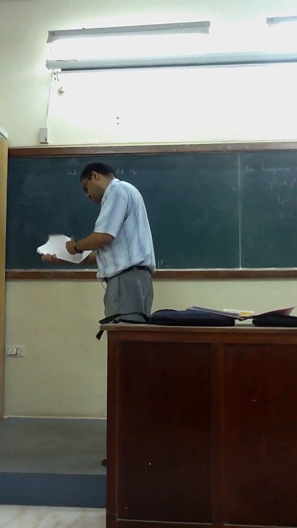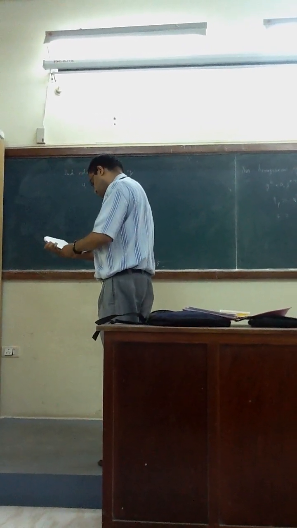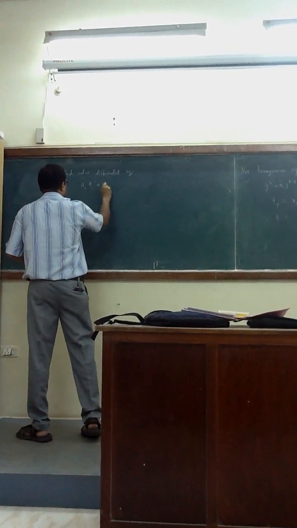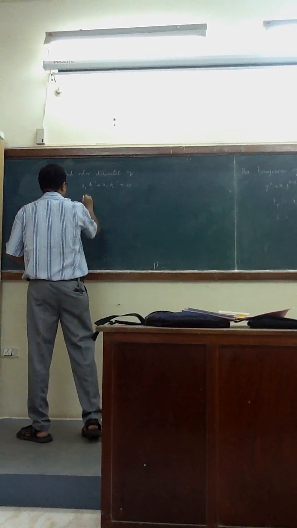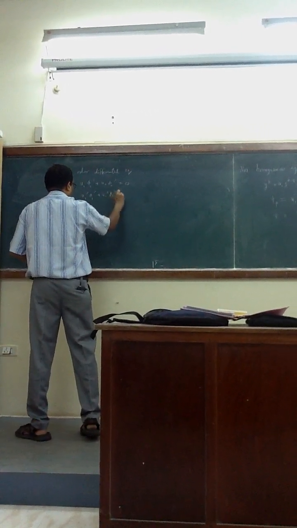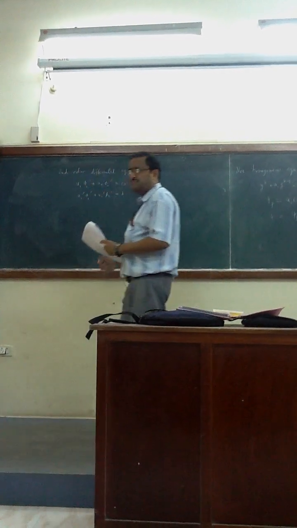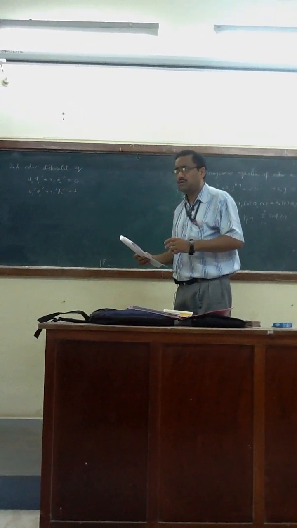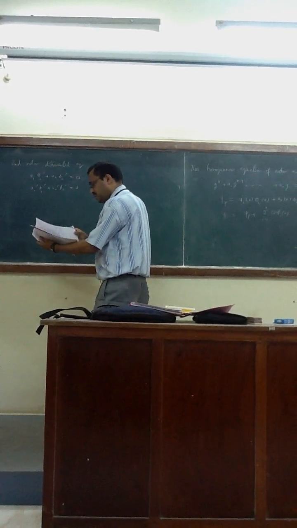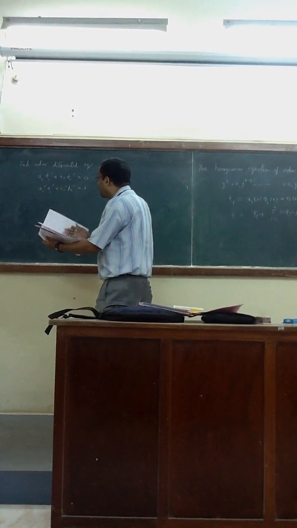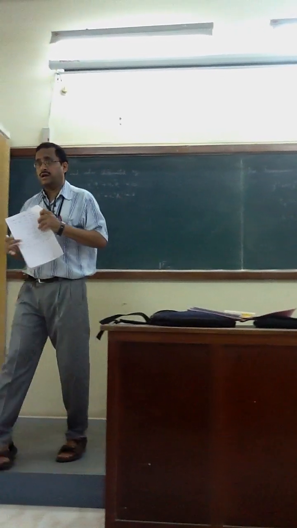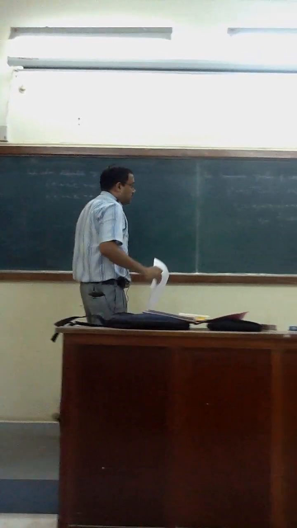What was the condition? u1' phi 1 + u2' phi 2 = 0, and u1' phi 1' + u2' phi 2' = b. Just a minute. Yeah, okay. That was the solution.